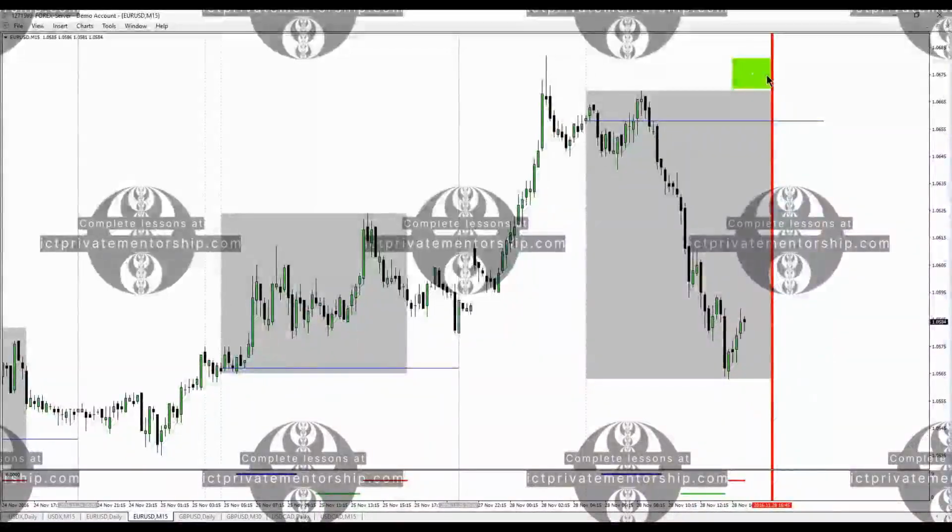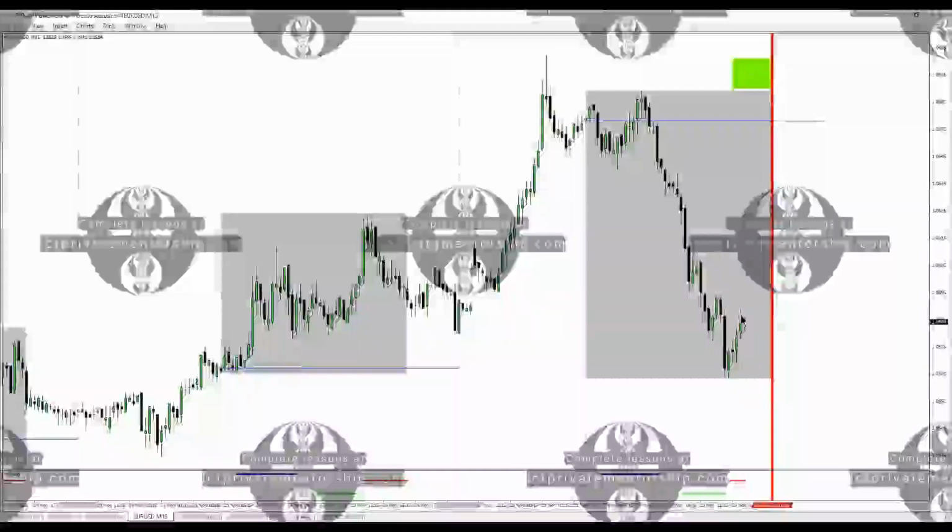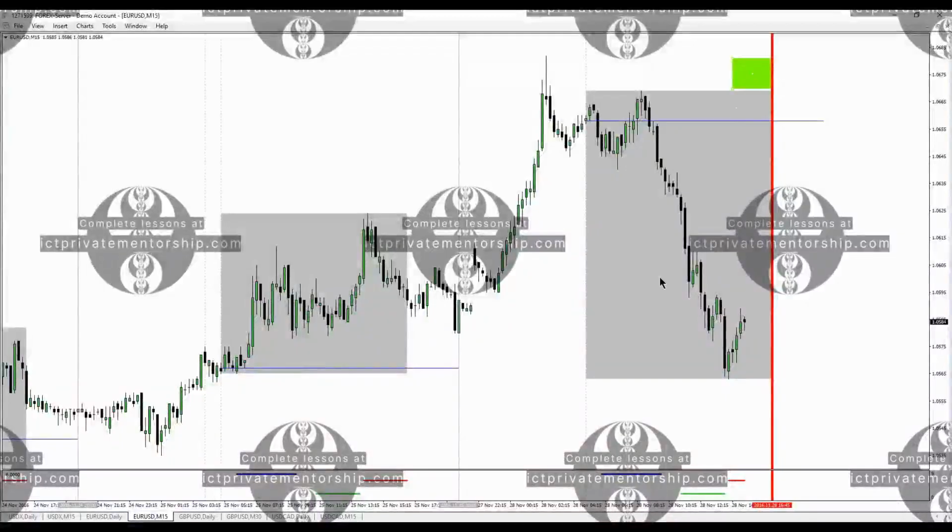So is it high probability to expect a setup in here? For instance, we have an up candle, a liquidity void. We retraced back to this candle. By all standards, this could be what? This could be a sell to go short. If we are in this time of day, is it high probability? It can happen. It absolutely can happen.